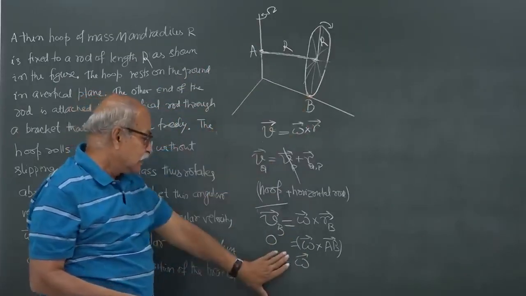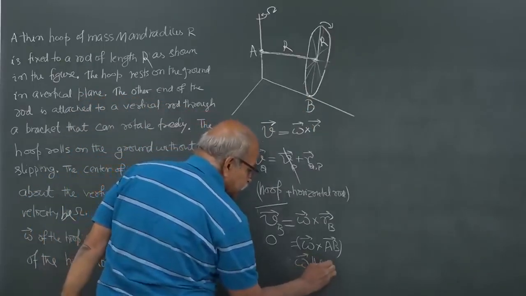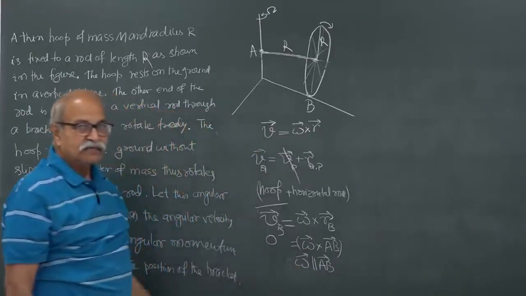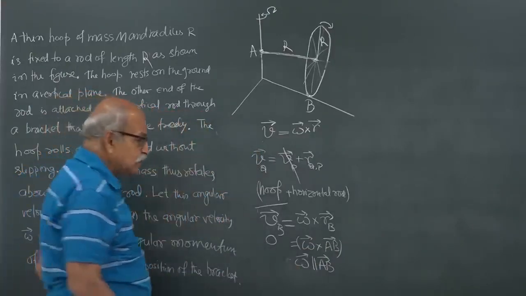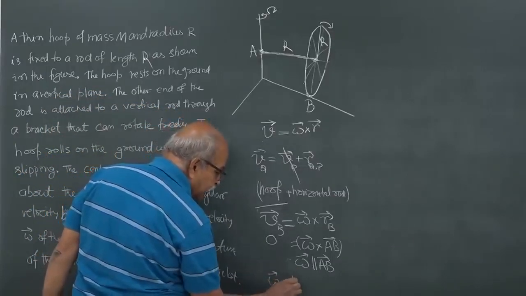So, the cross product is 0, and therefore this omega must be parallel to AB.